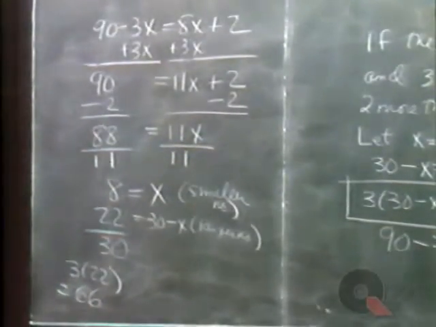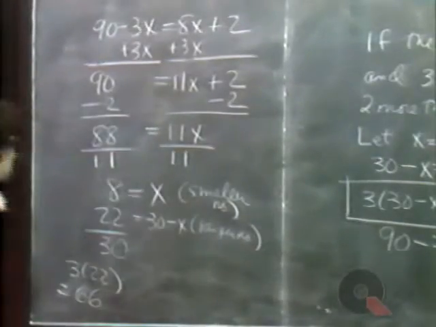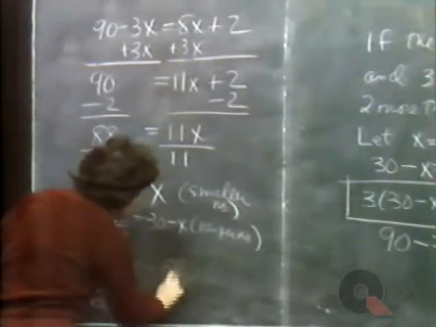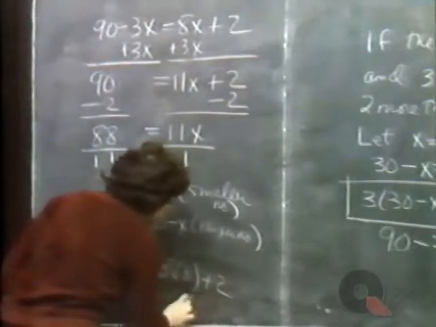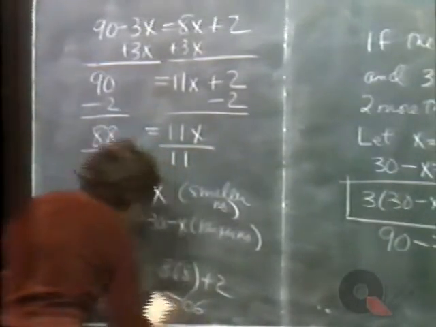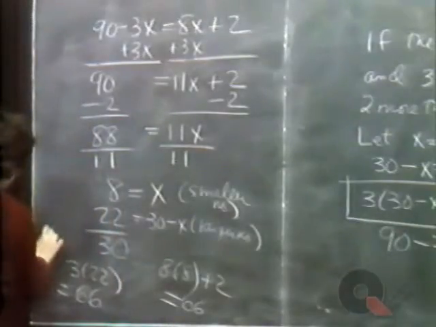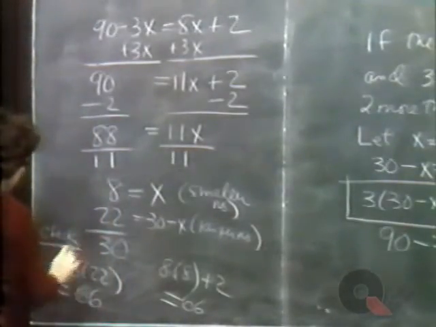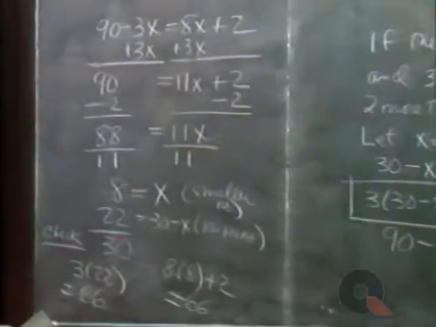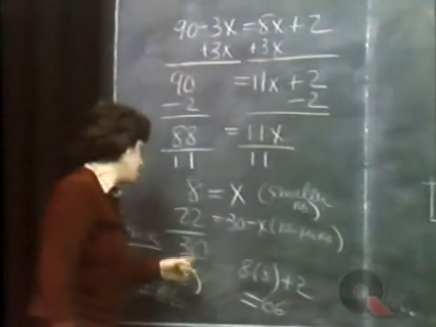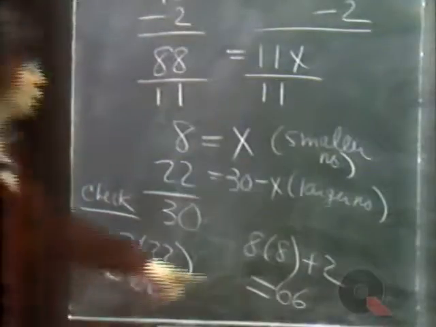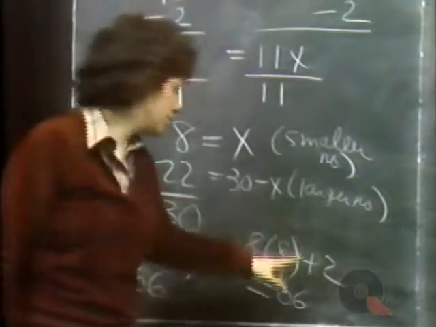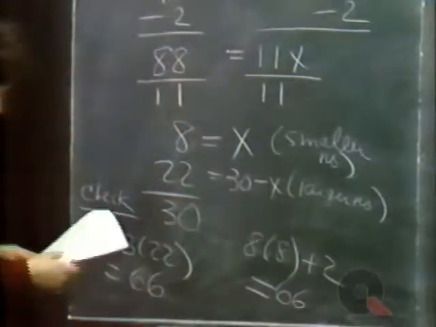Is that 2 more than 8 times the smaller? 8 times 8, that's 64, plus 2, this is also 66. Okay, so here is our check. The numbers do add up to 30, 8 and 22. 3 times the larger, 66, is equal to 2 more than 8 times the smaller, also 66.